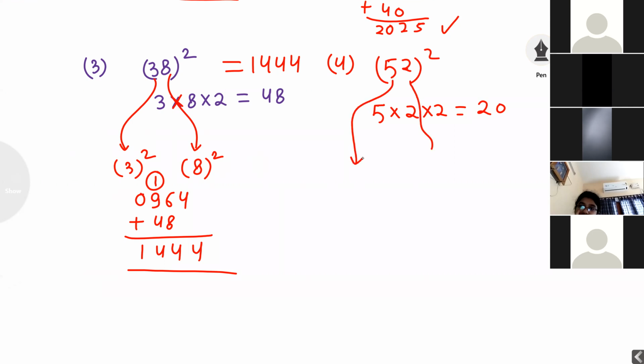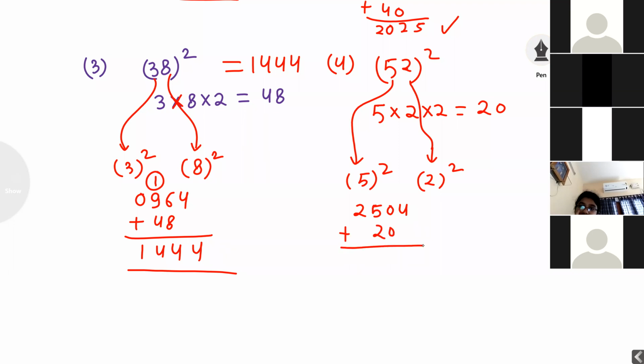Square of ones place. 5 square 25. 2 square means 04. Again 20 I want to add. 4, 0, 5 plus 2, 7. Answer is 2704. With the help of calculator, you can check your answer is right or wrong.